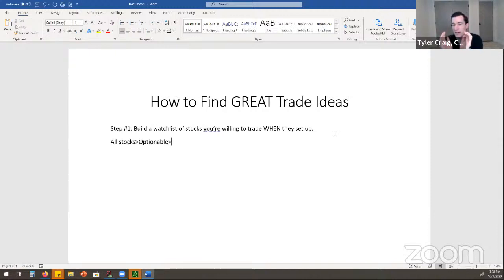But of those that have options listed, there's an even smaller subset that actually have liquid options. And I think the easiest way to spot those is to look at the ones that have weeklies options available. These are options that expire every Friday. If they don't have those available, they're probably not that liquid. It's probably a stock that doesn't have a lot of activity in its options.